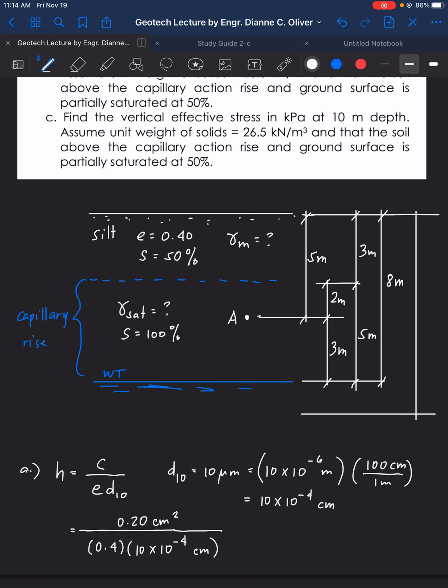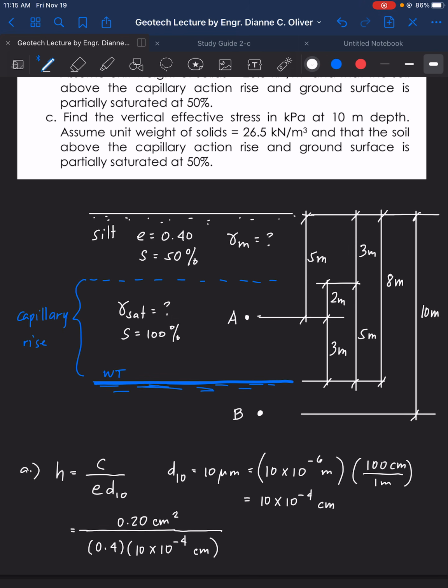Okay. So this is 10 meters. Let's name this as point B. At point B, you see that it's already submerged. It's located below the water table. So this is our water table here.